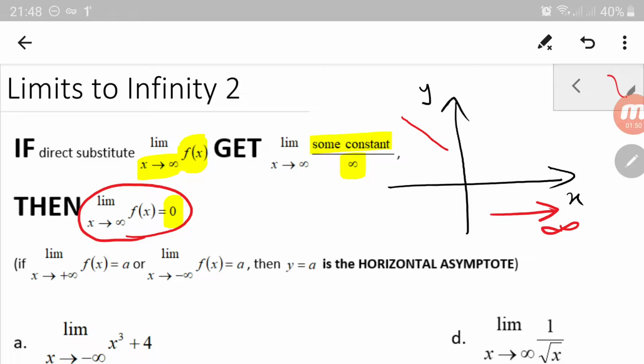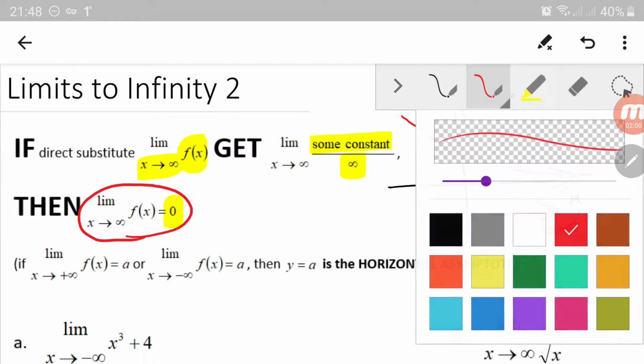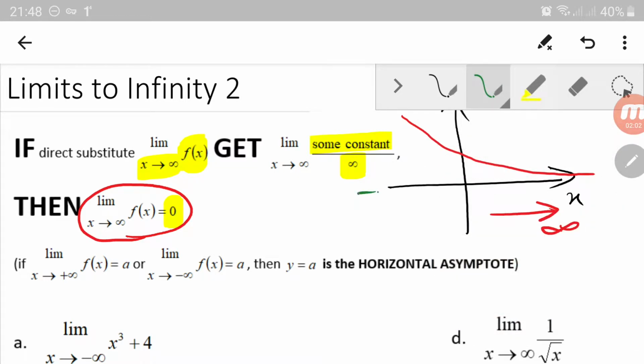It means that the function is getting closer to 0. It will never touch, but it is going closer to 0. What kind of line does a function get close to but never touch? It is called an asymptote. And in this case, y equals 0 is the horizontal asymptote.